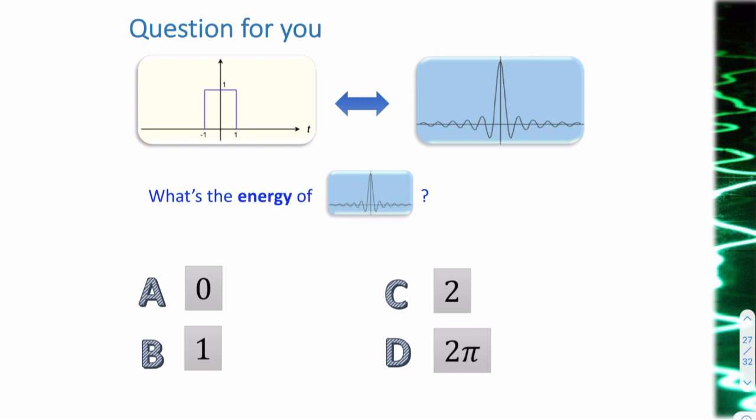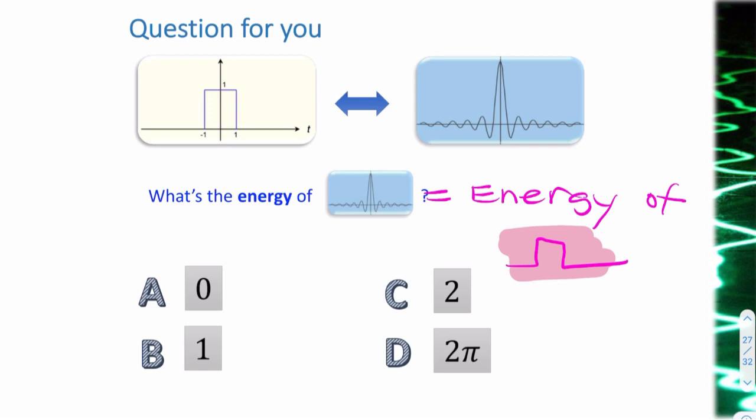And we're told that this has a spectrum that looks like that. And the question is, what is the energy of that signal? Well, the energy of this is equal to the energy of that. So the energy is the same whether you look in the time domain or the frequency domain.